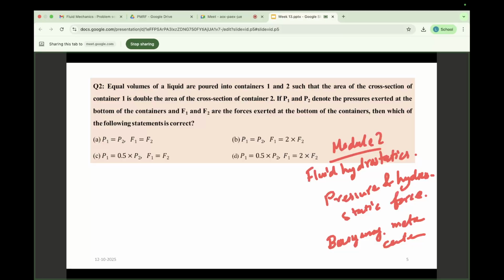We have also studied hydrodynamic force. We have studied absolute pressure, atmospheric pressure and gauge pressure. Absolute pressure means atmospheric pressure plus gauge pressure. You can recall this.